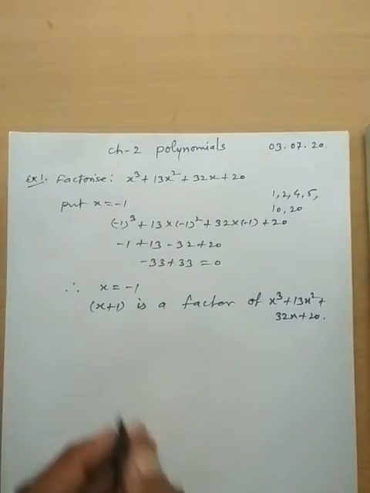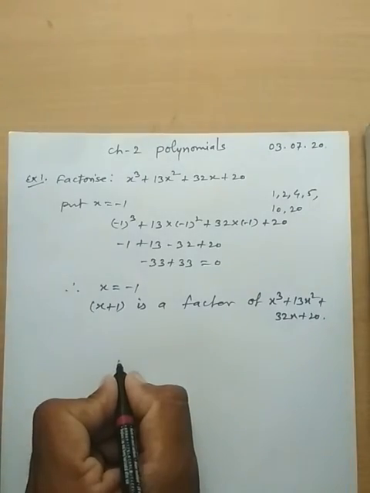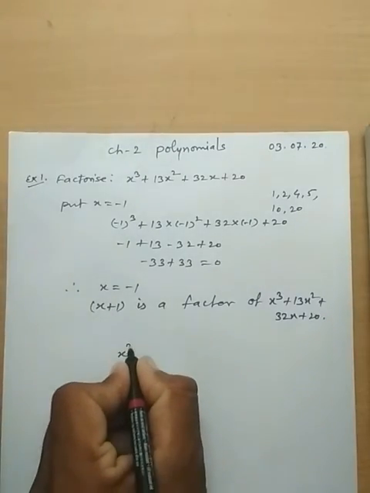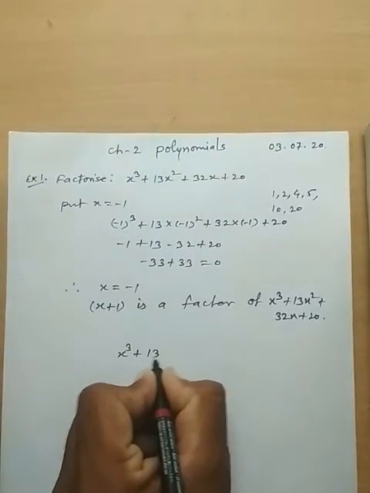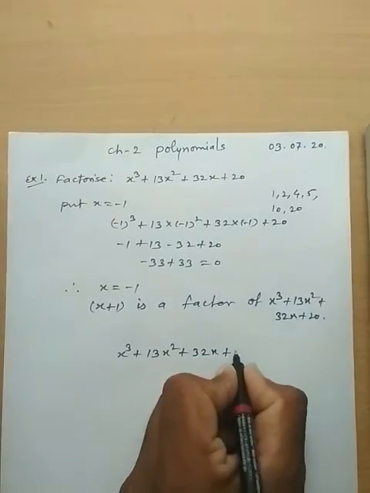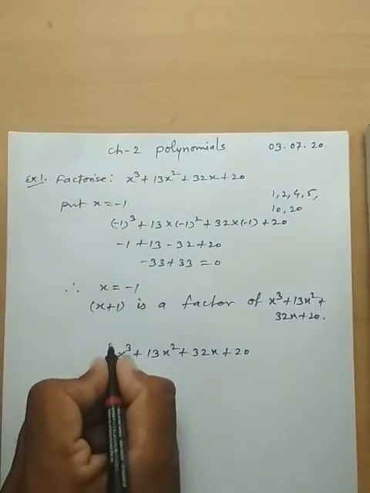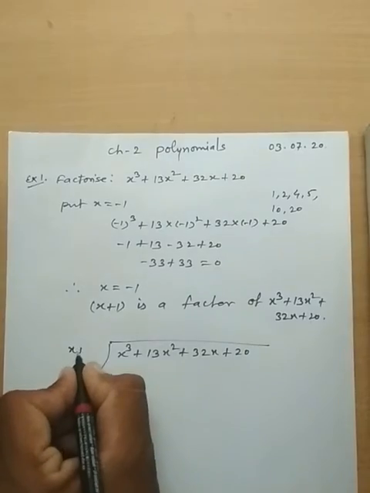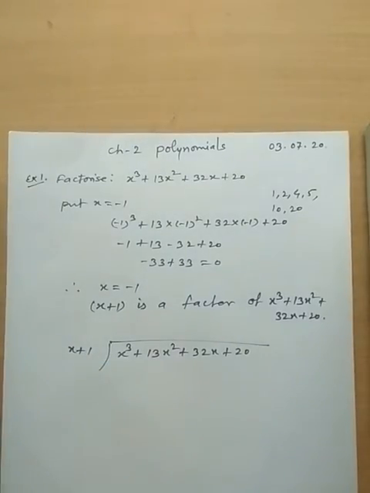Again, divide the given polynomial by the zero factor x plus 1. Because x plus 1 is a factor, the given polynomial is exactly divided.